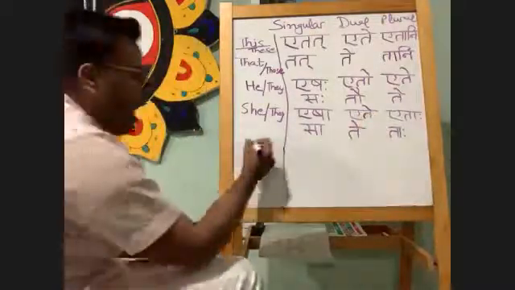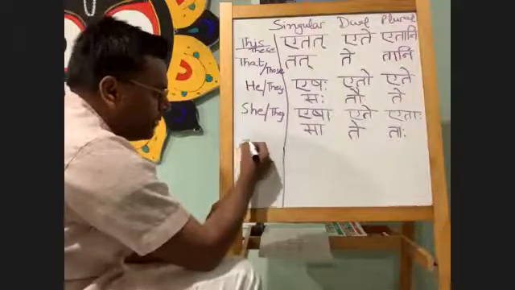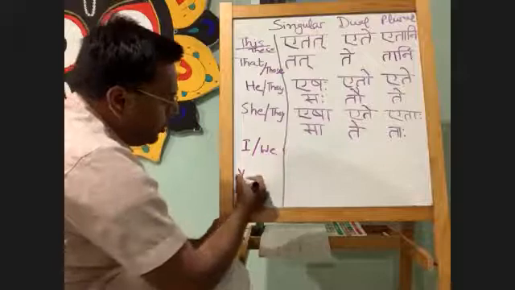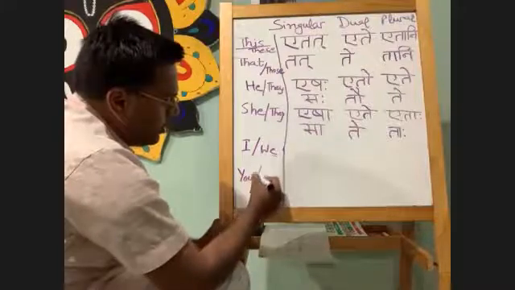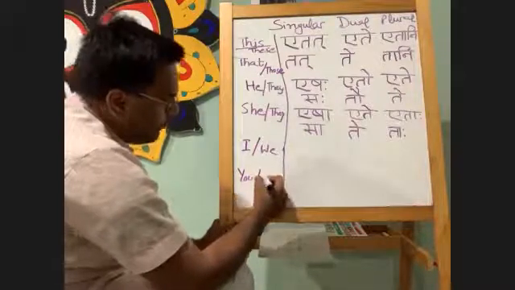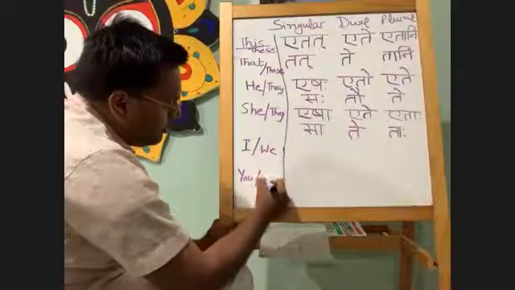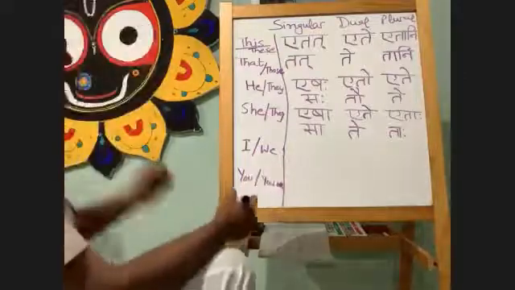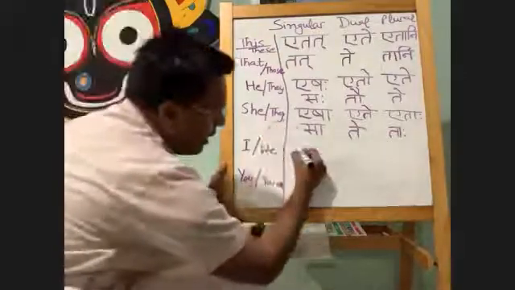So I and we, and then you, and for plural also it's you or you all. So I is aham.